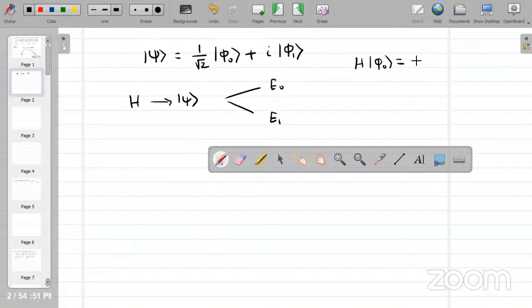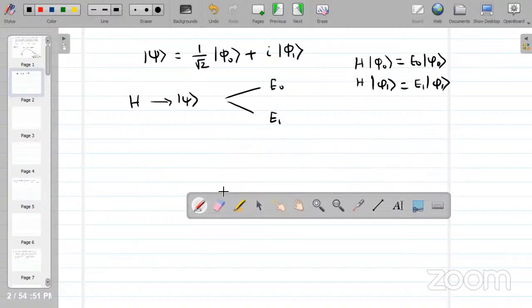H acting on phi naught gives E naught phi naught, and H acting on phi 1 gives E1 phi 1. Then what they will conclude immediately, if H acts on psi, is that we get E0 plus E1.